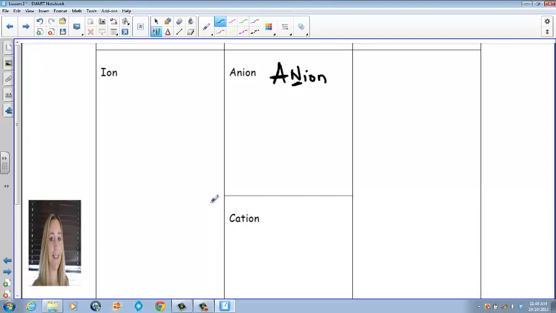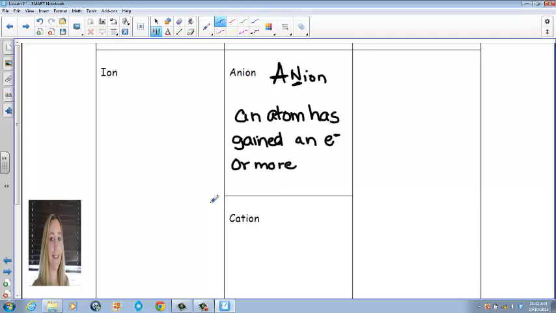So anions are negatively charged, and that means that the atom has gained an electron through bonding, to make it negative, because each electron is negatively charged. So gained an electron or more, one or more. The electrons will then be greater than the number of protons for anions.